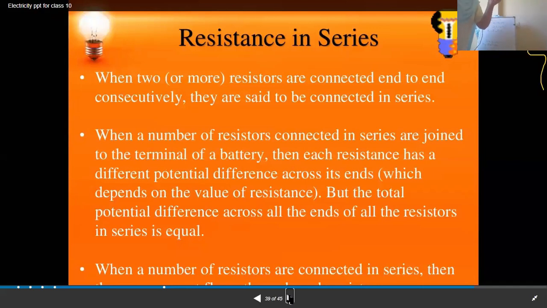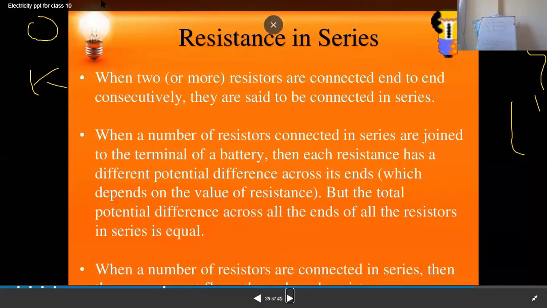Then all these terminals will end up at the last, where we have these two terminals, which I can join to the battery or the main switchboard. One will act as the neutral, one as the live wire, thus providing electricity. When we are joining the resistors end to end, this type of connection we call resistances in series.